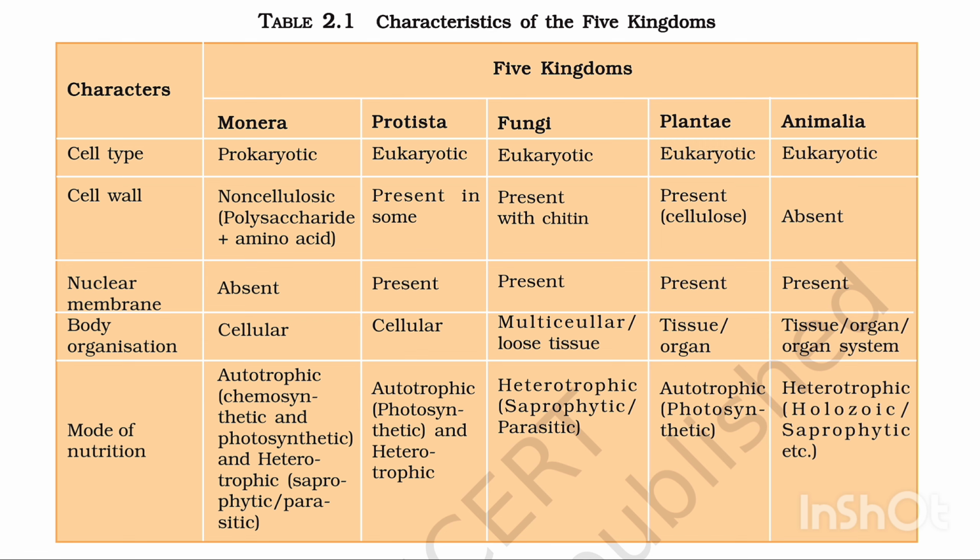Body organization: cellular, cellular, multicellular or loose tissue, tissue or organ, organ and organ system. Mode of nutrition: autotrophic (chemosynthetic and photosynthetic) and heterotrophic (saprophytic, parasitic) in Monera; autotrophic (photosynthetic) and heterotrophic in Protista; heterotrophic (saprophytic, parasitic) in Fungi; autotrophic (photosynthetic) in Plantae; heterotrophic (holozoic, saprophytic, etc.) in Animalia.